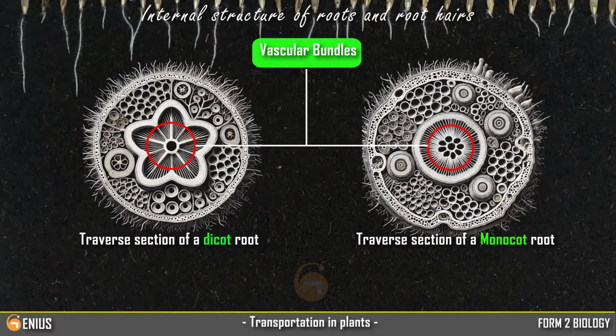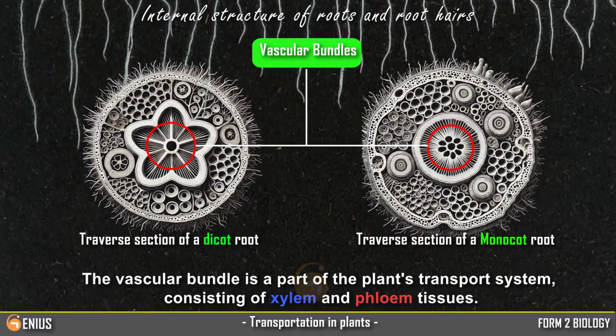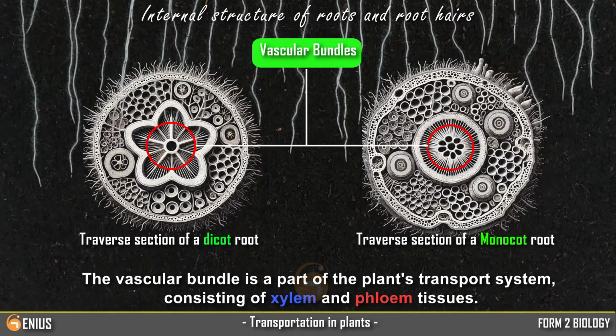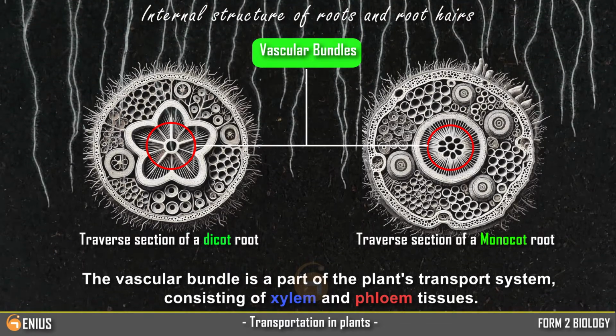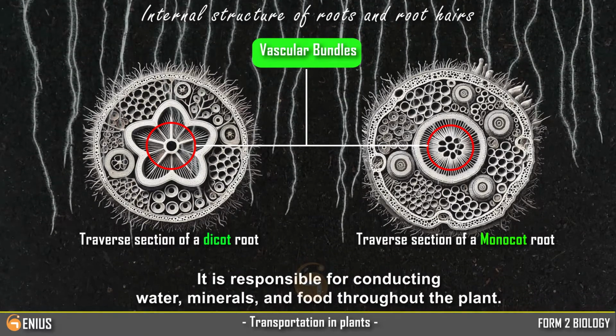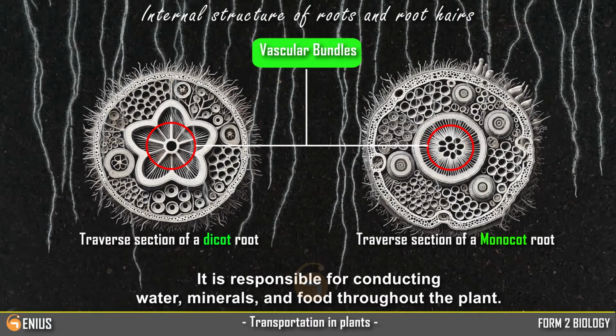Vascular bundles. The vascular bundle is a part of the plant's transport system, consisting of xylem and phloem tissues. It is responsible for conducting water, minerals, and food throughout the plant.